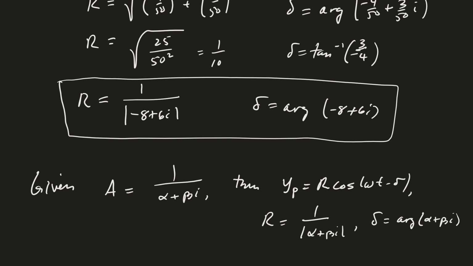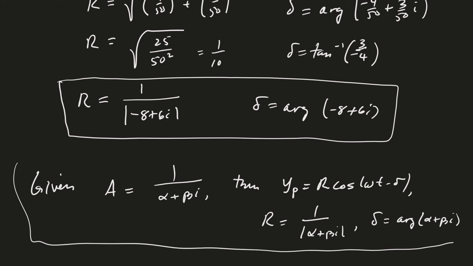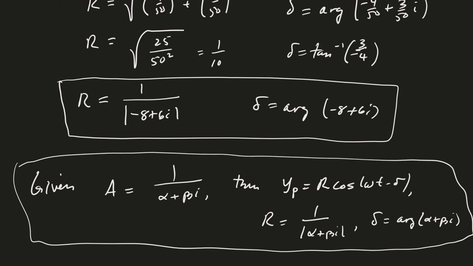Good. And so this is a real shortcut here, because now we don't have to do all of this stuff that we did up here. Okay, and so that's a big time saver. And in fact, let's go ahead and solve a differential equation using this little time saver.